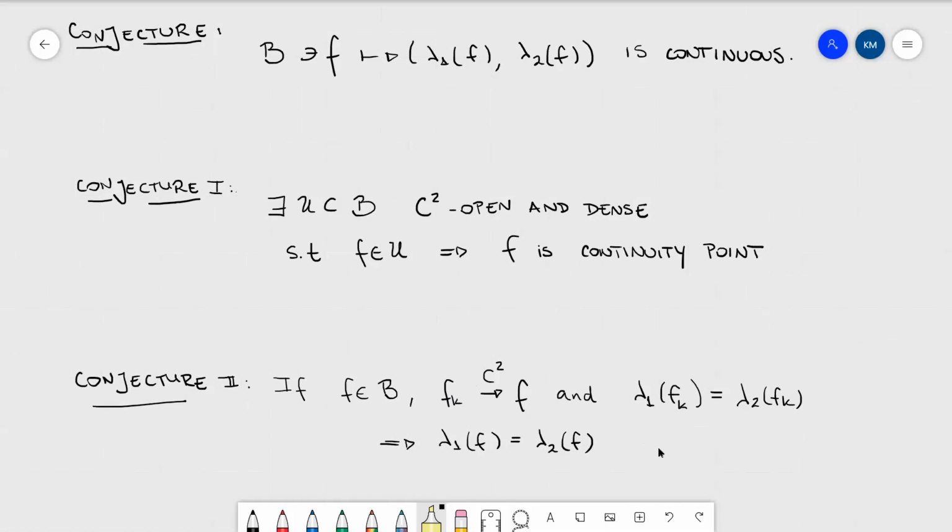Let me rephrase this. What I'm saying is it cannot happen for my map to have different Lyapunov exponents and be approximated by maps that have equal Lyapunov exponents. That would be a problem for the continuity. If I find a map with different Lyapunov exponents that is approximated by diffeos with equal Lyapunov exponents, then I'm not going to have continuity at that point. So this should be happening for every map here.